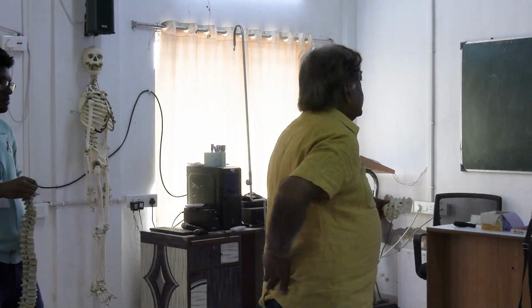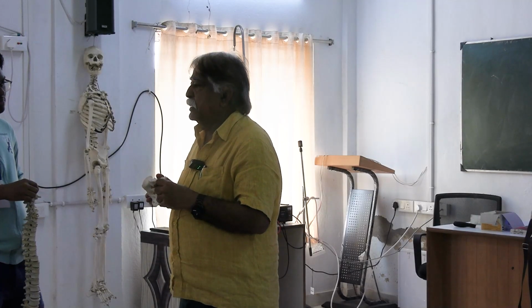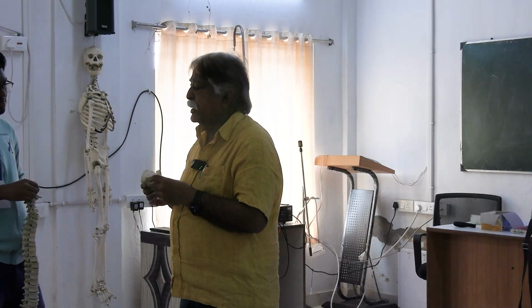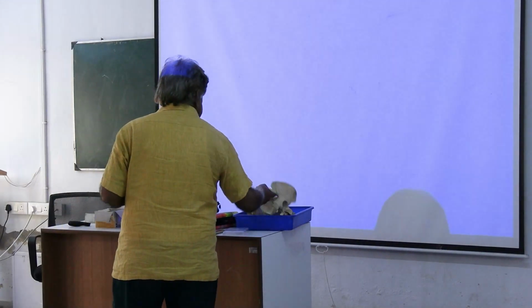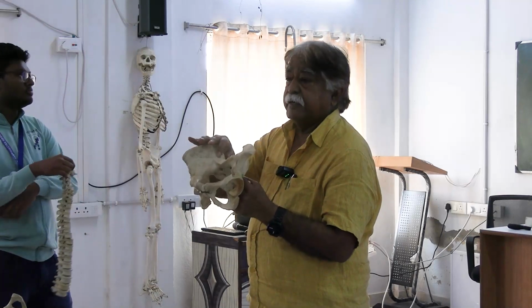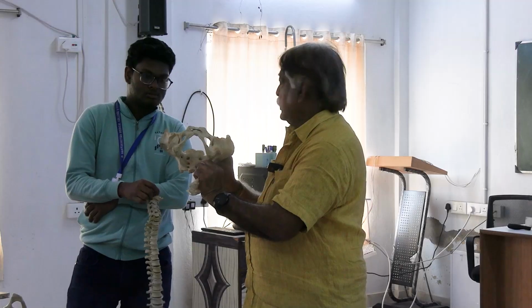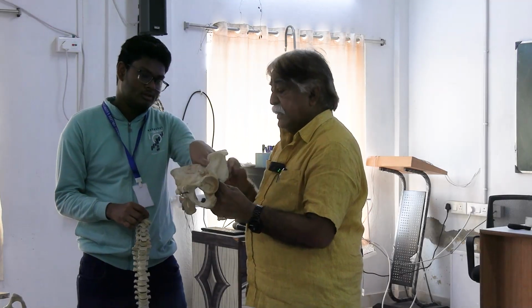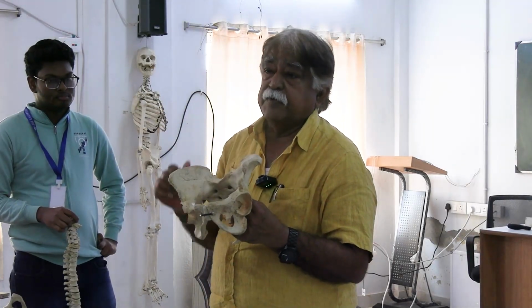And posteriorly, you think of the ligament, the sacroiliac joint. Over here there is a cartilage, but this is ossified. And you have sacralization of the lumbar vertebra.